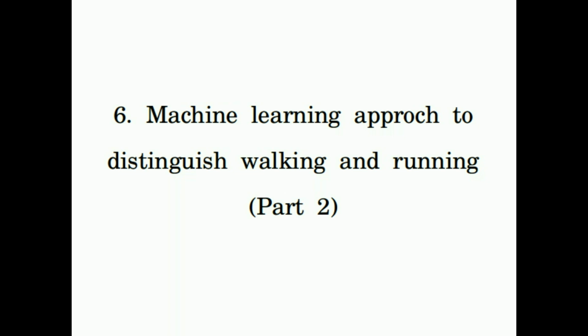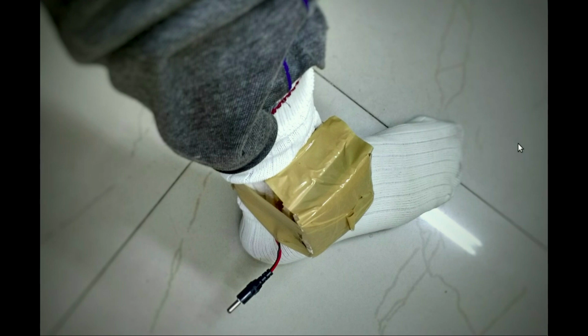So let's get started. Let's continue from where we left off in the previous part. This is how I attached my assembly to my ankle, and by wearing this I ran for a while, walked for a while, and I took around 4 readings for walking and 5 readings for running.